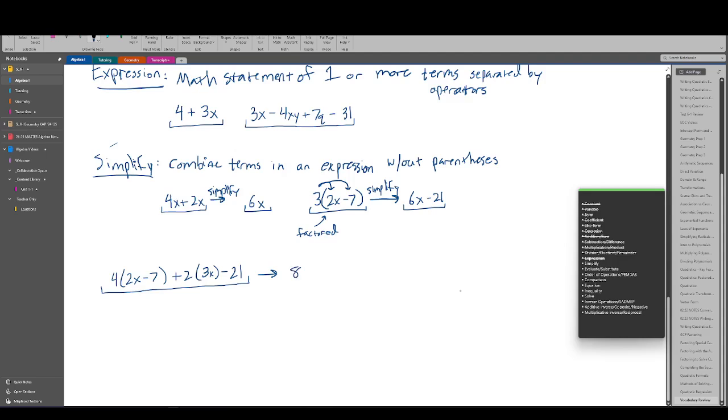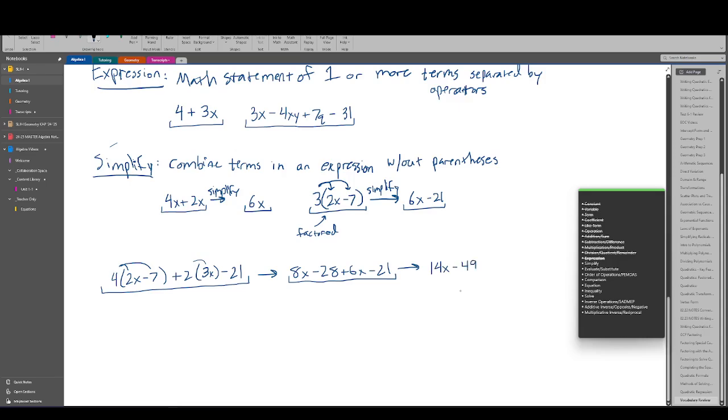So I could do 8x minus 28 by distributing this 4, and then I would need to multiply 2 times 3x is plus 6x, and then minus 21. And then I would combine whatever goes together. So simplifying can take multiple steps. We simplified somewhat here by distributing, and we can further simplify by collecting our like terms or combining like terms. So as a final answer, I would get 14x minus 49.